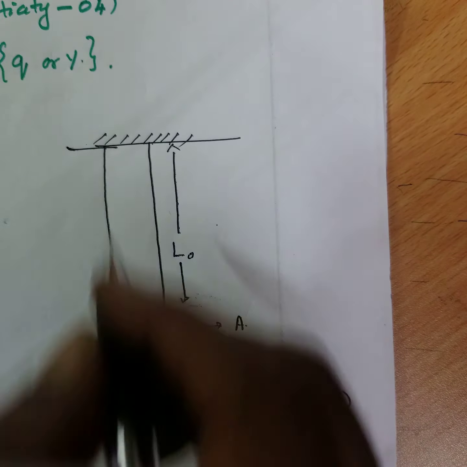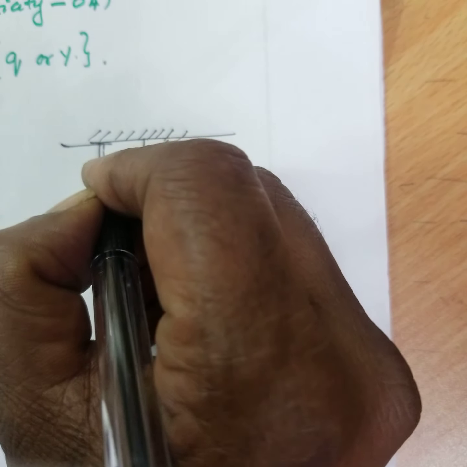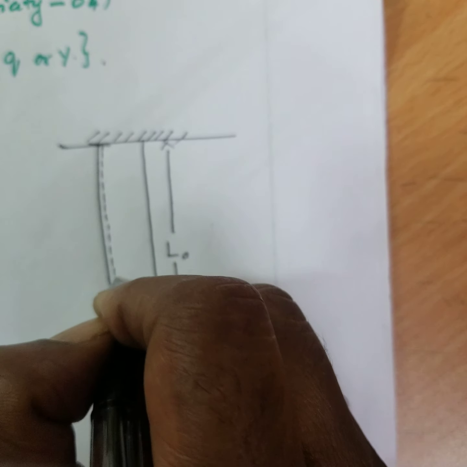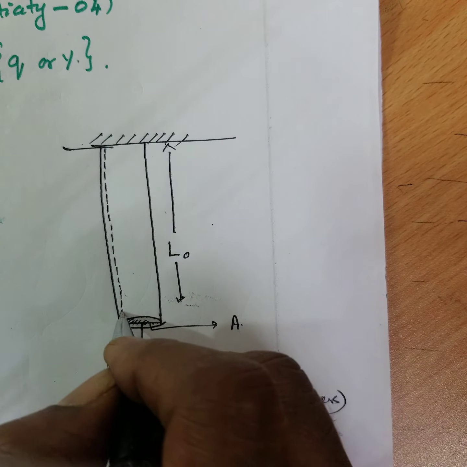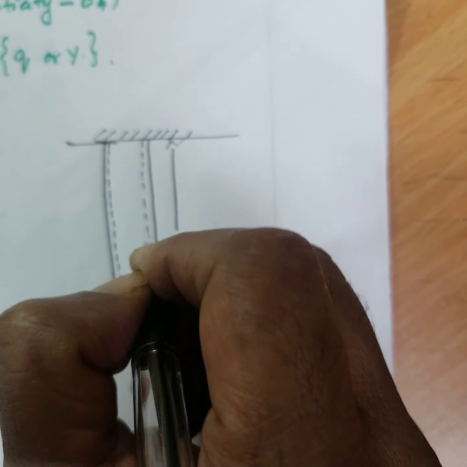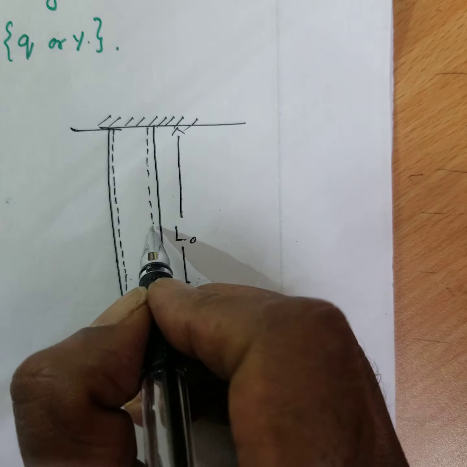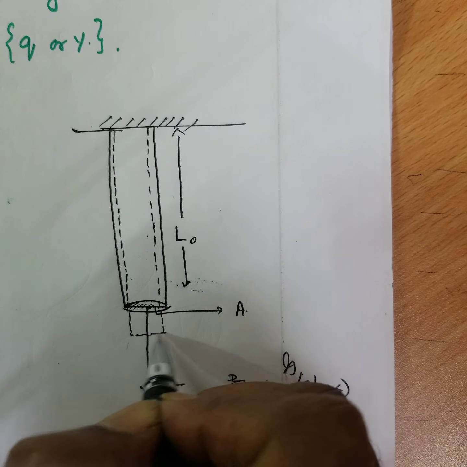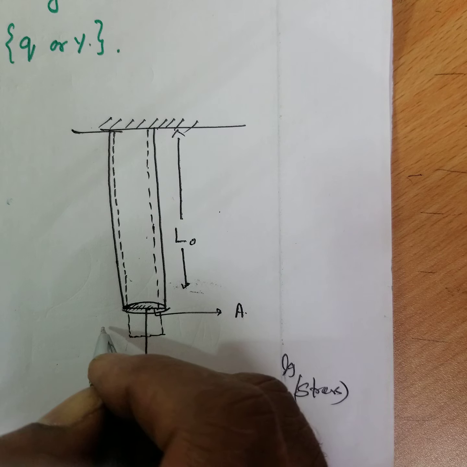There is a stress. As a result, what happens? A lateral contraction takes place. Look how the contraction takes place. Because there is an elongation, you are applying a force. As a result, what happens? There is an increase in length.